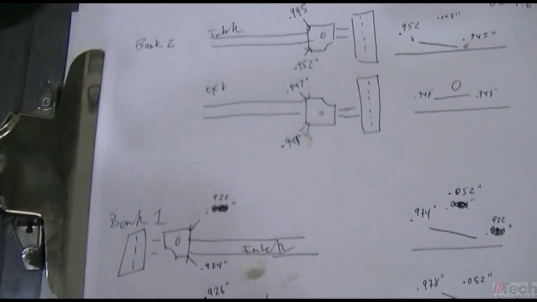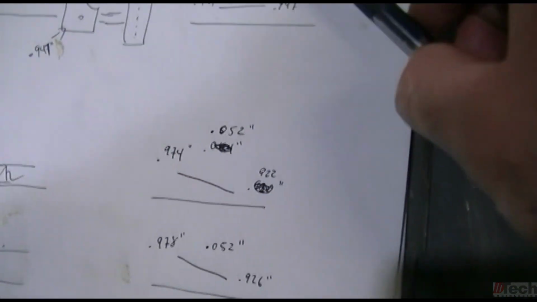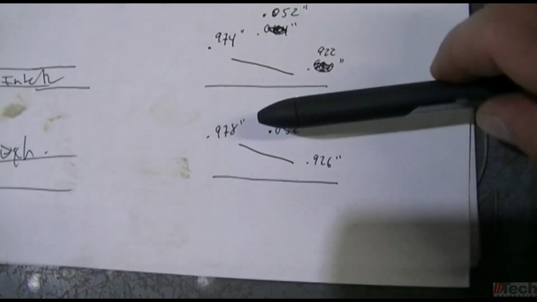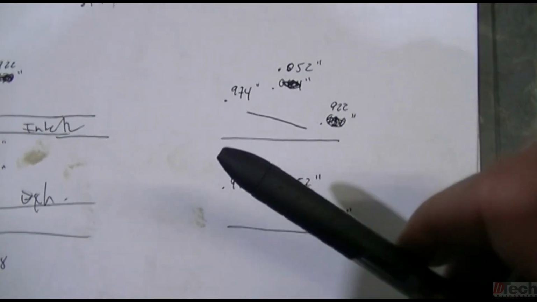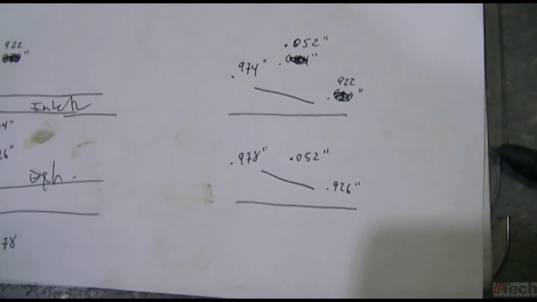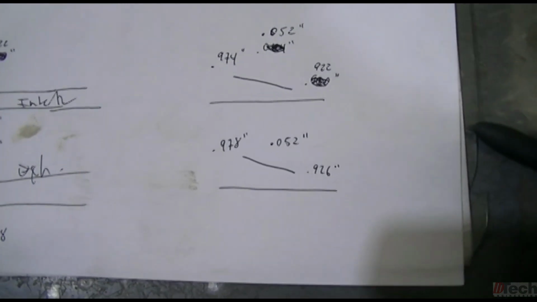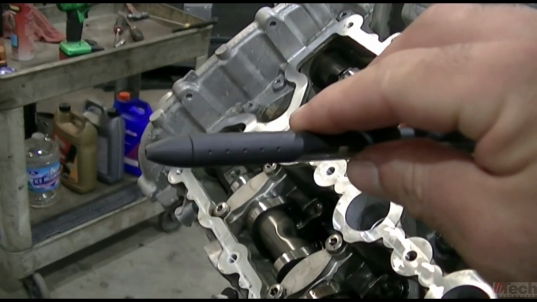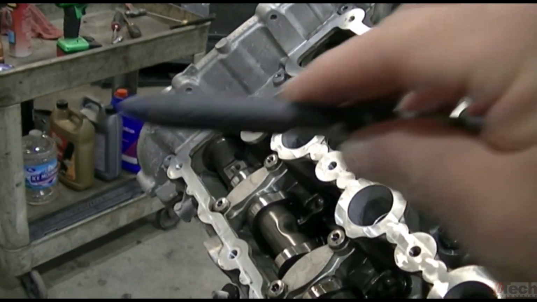So the bank 1 cams are both pretty much tilted about the same distance, and it points in the way of where they're tilted this way, both intake and exhaust.